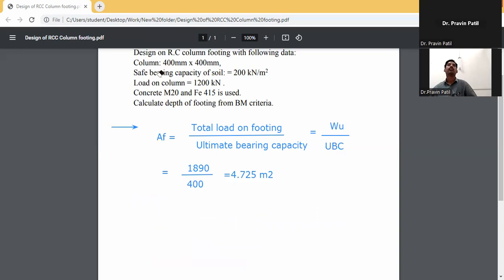And step number 4, size of footing. Size of footing, we say it is capital B. Actually this footing is a square footing, so B is equal to root of AF.